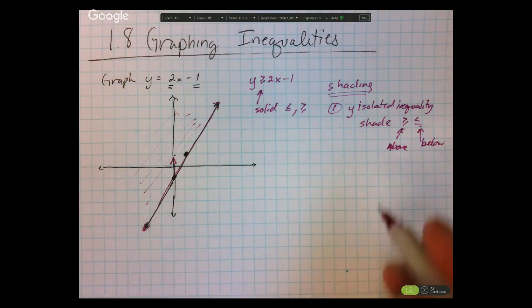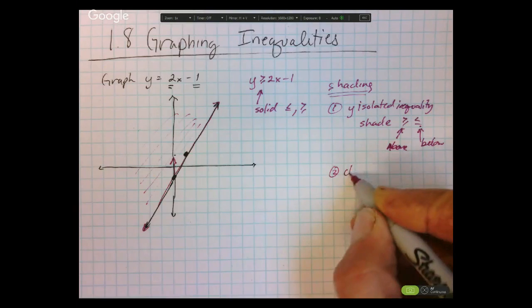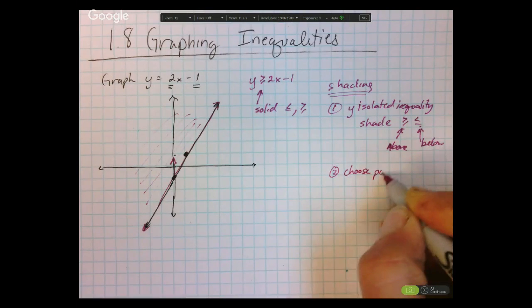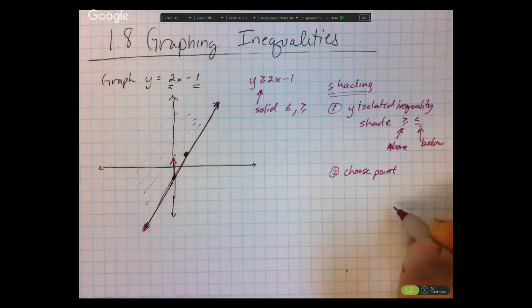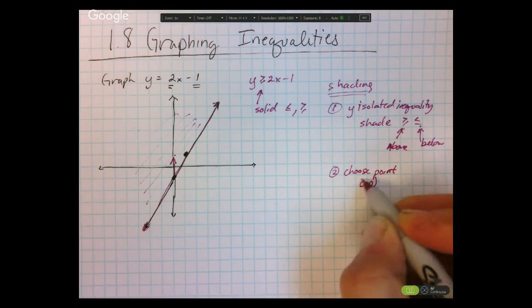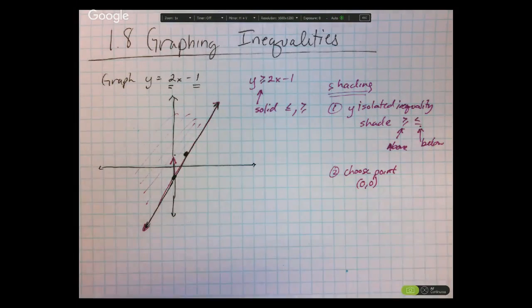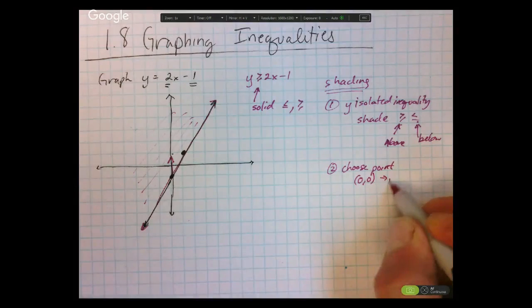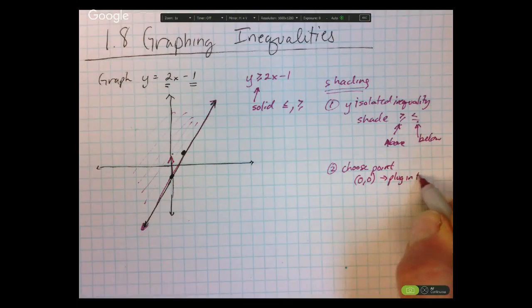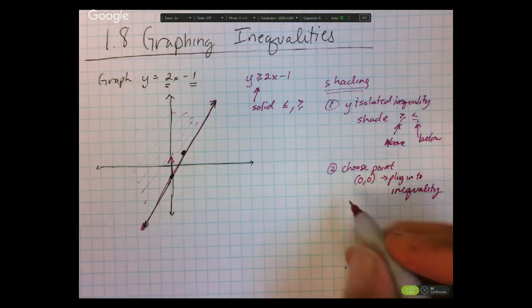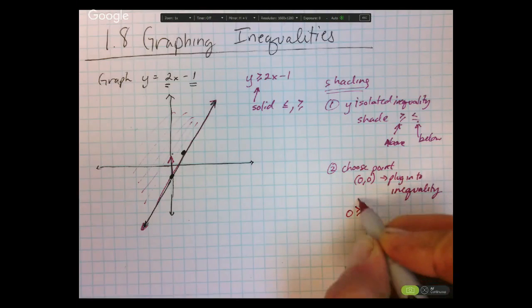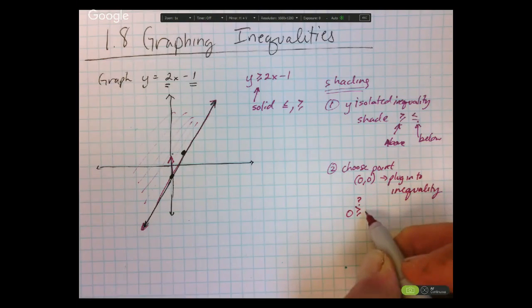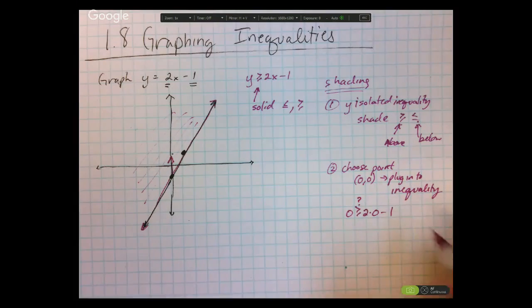The other method you can use is choose a point. I will choose 0, 0 because I am a fan of easy calculations. Plug in to inequality. So 0 greater than or equal to 2 times 0 minus 1.